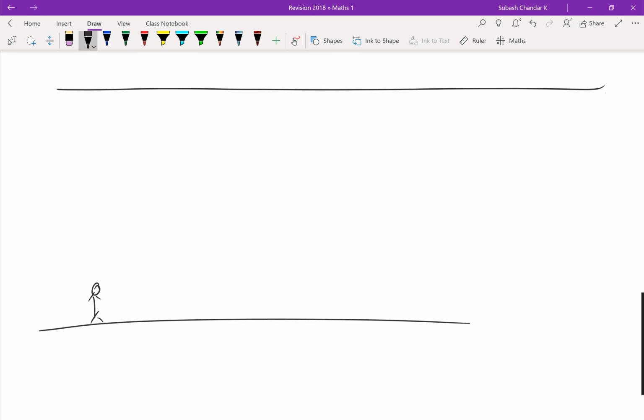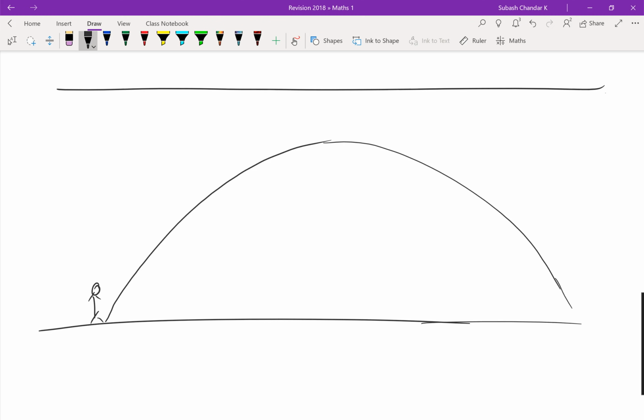We are obsessed with kicking footballs and rugby balls because that's the only thing that seems to have a parabola shape. Here's the situation. I'm going to tell you guys a story, so you need to listen. A guy is kicking a ball.